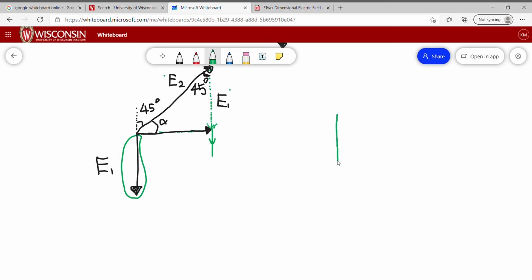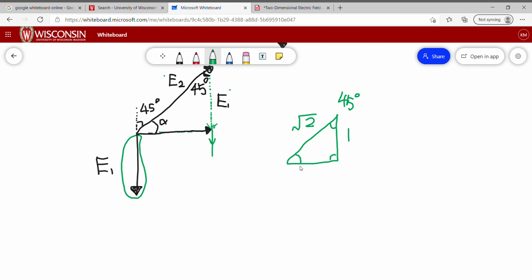Does that remind you of something? If this is root 2, this is 1, and this is 45 degree, then what will be the angle here and here?